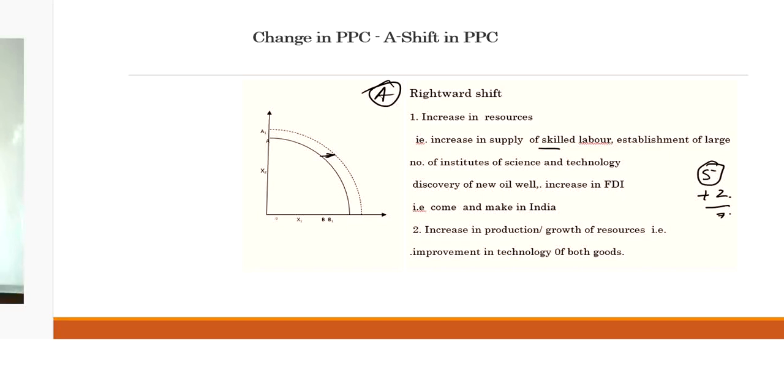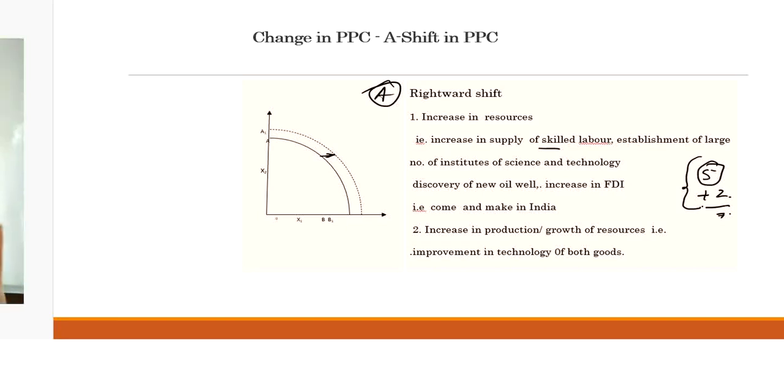Okay. For example, that is an example of discovery of new oil wells. Now, the third example of increase in resources is increase in FDI, foreign direct investment. For example, recently the government is following a policy of come and make in India.